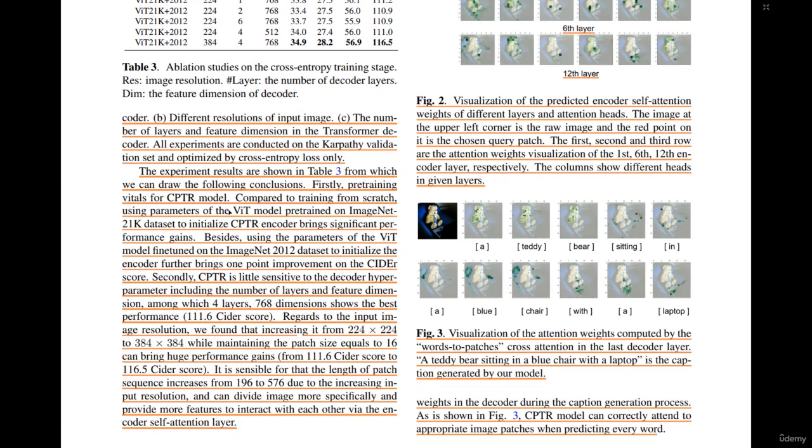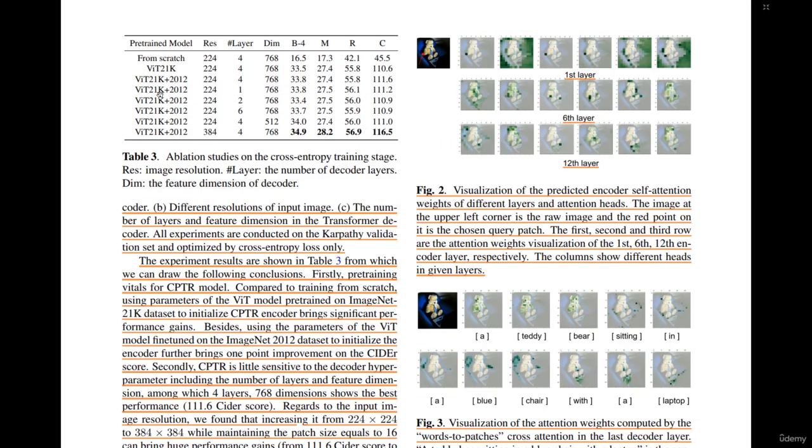Firstly, pre-training is vital for the CPTR model. That is, as you can see on this table, we obtain the best results when we pre-train the encoder on the ImageNet dataset.